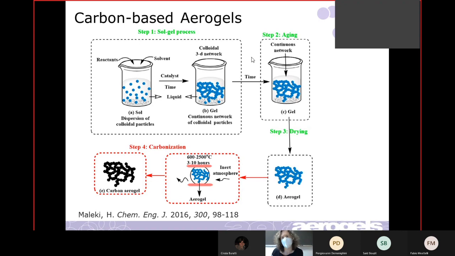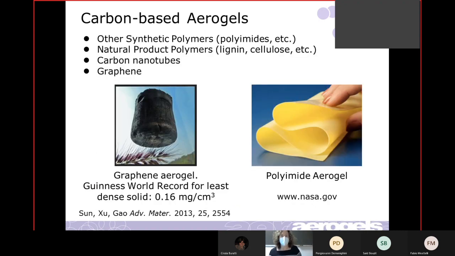And you can make carbon-based aerogels out of a lot of different things. You can make carbon-based aerogels out of other synthetic polymers. Some work at NASA used polyimides, so this is one type of organic polymer, to make aerogels that were both strong and fairly flexible. Again, opaque, but strong and fairly flexible.